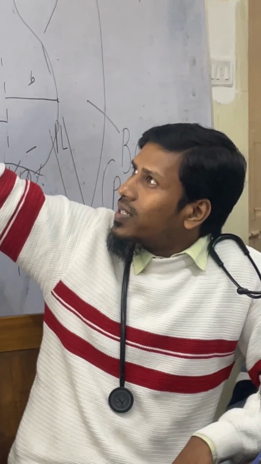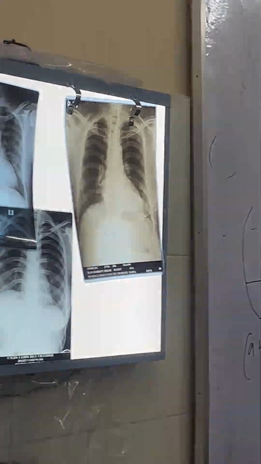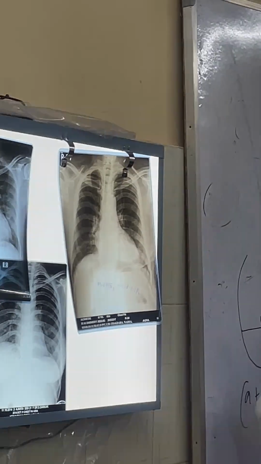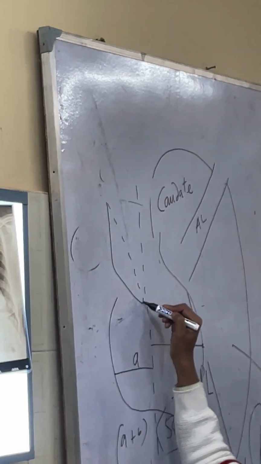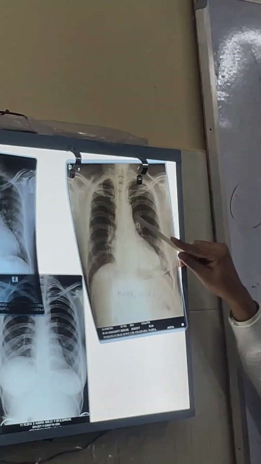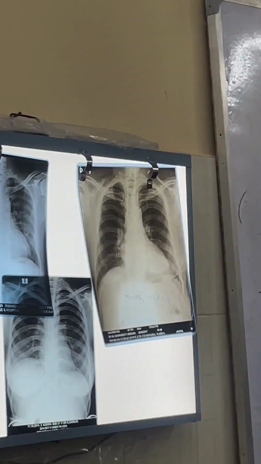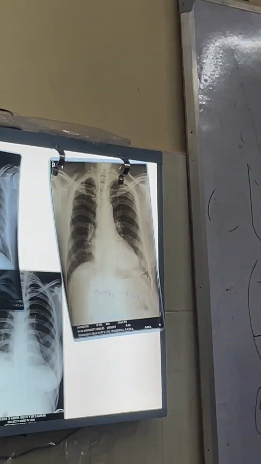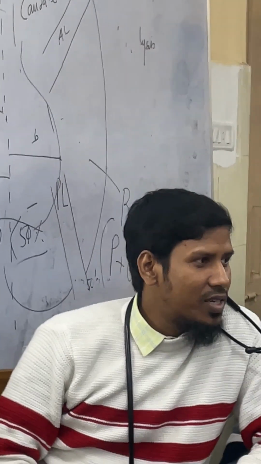So if this part gets dilated, the structure will be like this. Instead of this concavity, the structure will be like this. Then we say this is the straightening of the left heart border, which is the classic diagnosis of mitral stenosis.